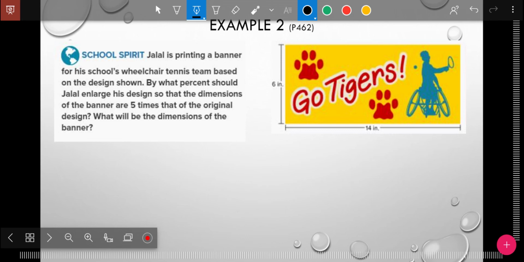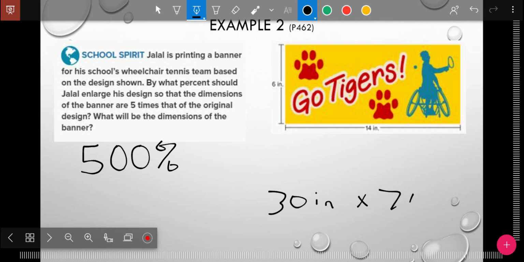Well, the percent that is 5 times bigger is 500% more. And then the new dimensions would be 30 inches by 70 inches. How did I get that? I took the original 6 and I multiplied by 5. 500% is just 5.